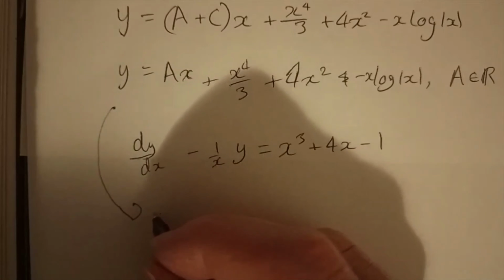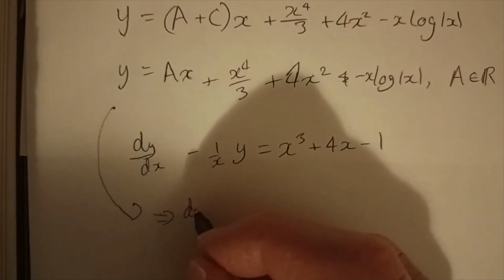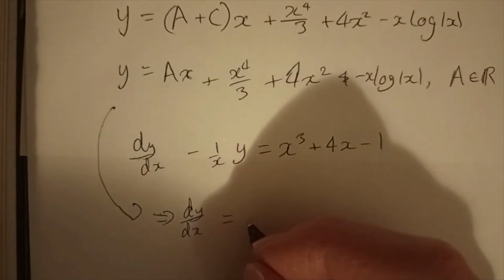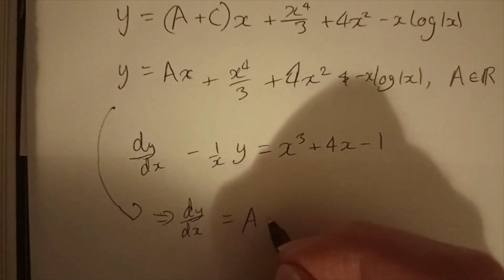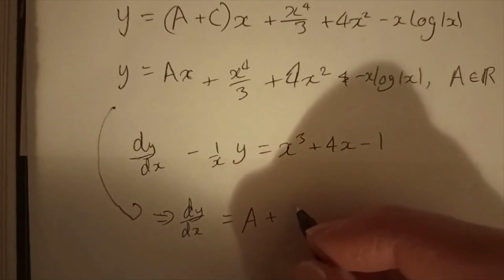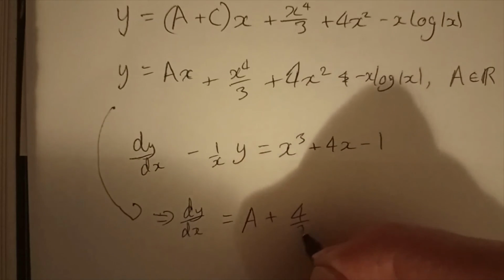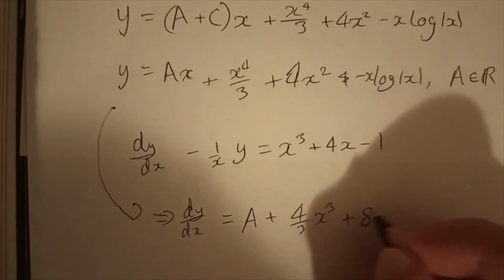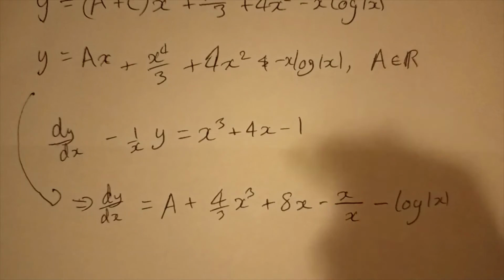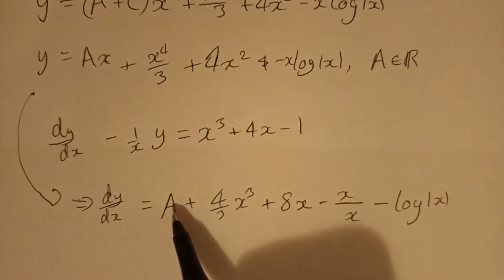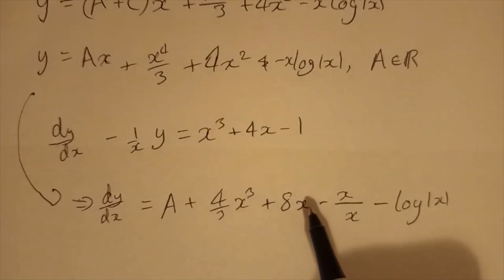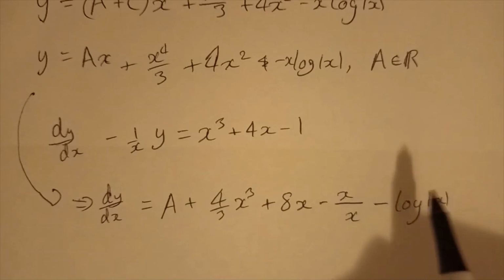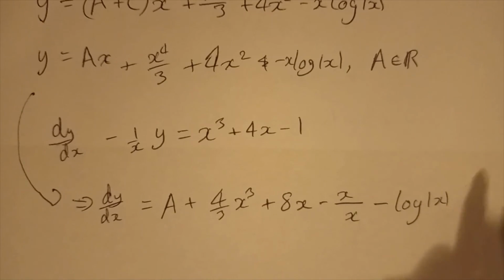This implies that the derivative equals a plus 4/3 x cubed plus 8x, take x over x, which is just take 1, minus log of the absolute value of x.